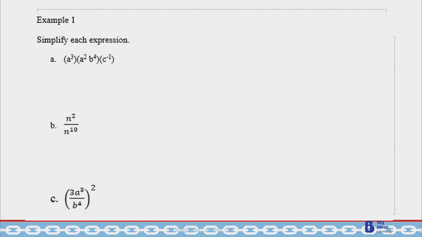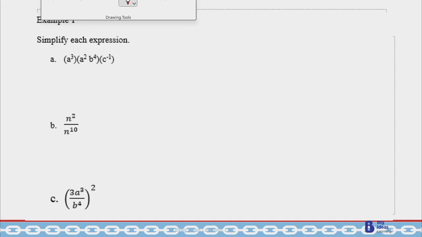So we're going to look at some examples using these rules. They're not going to necessarily all be in isolation, so we're going to take these a step at a time. There's no one place you need to start here, but looking at example A, I see a to the third times a squared times b to the fourth times c to the negative 1.